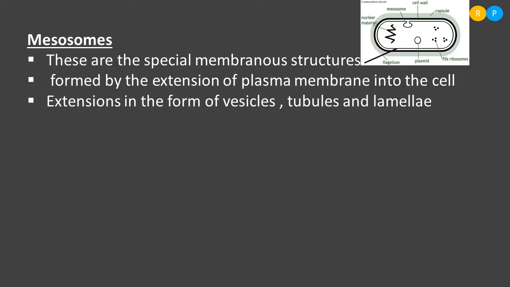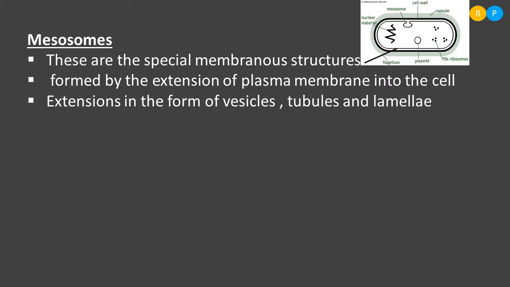Children, we know the prokaryotic cell is a primitive type of cell and there are no membrane-bound cell organelles here. There is no mitochondria, endoplasmic reticulum, or Golgi apparatus. But in eukaryotes, all those membrane-bound cell organelles are present and each performs its own function. Prokaryotes do not have all those cell organelles.